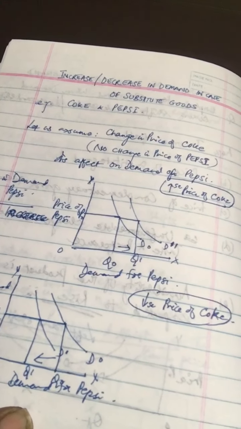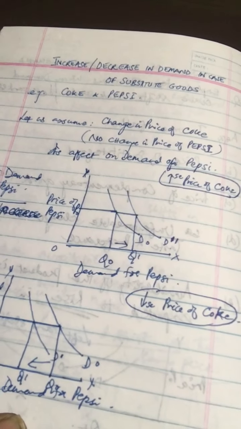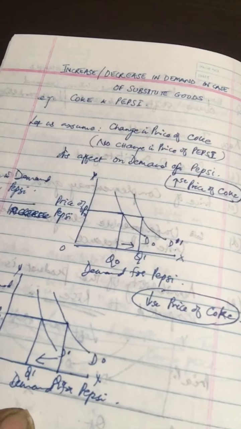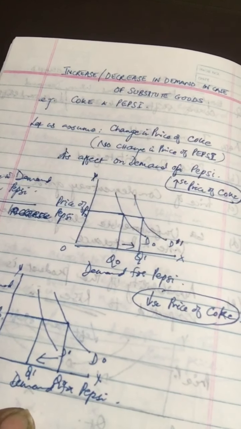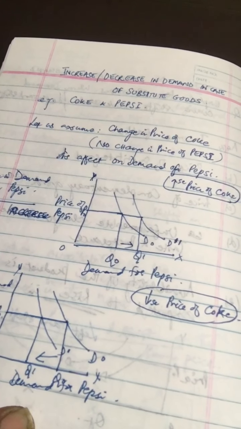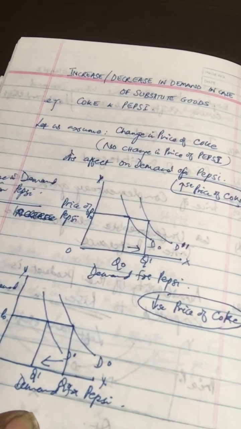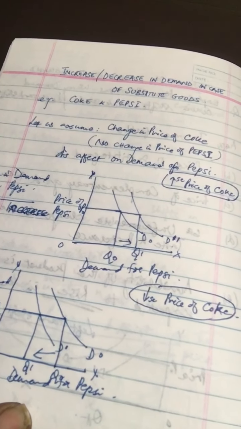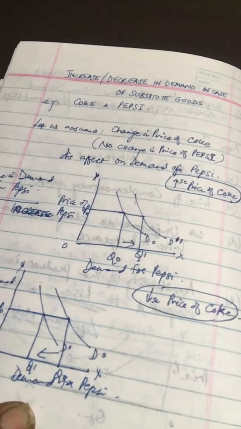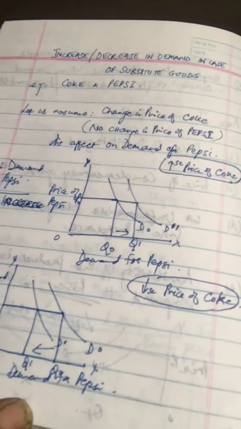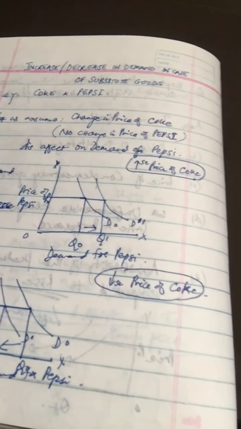Now when there's a fall in the price of Coke, since it's a good substitute of Pepsi, people will stop buying or demanding Pepsi. So the demand will shift leftward to D1, showing a decrease in demand from OQ0 to OQ dash. So is that clear? This is in case of the substitute good.